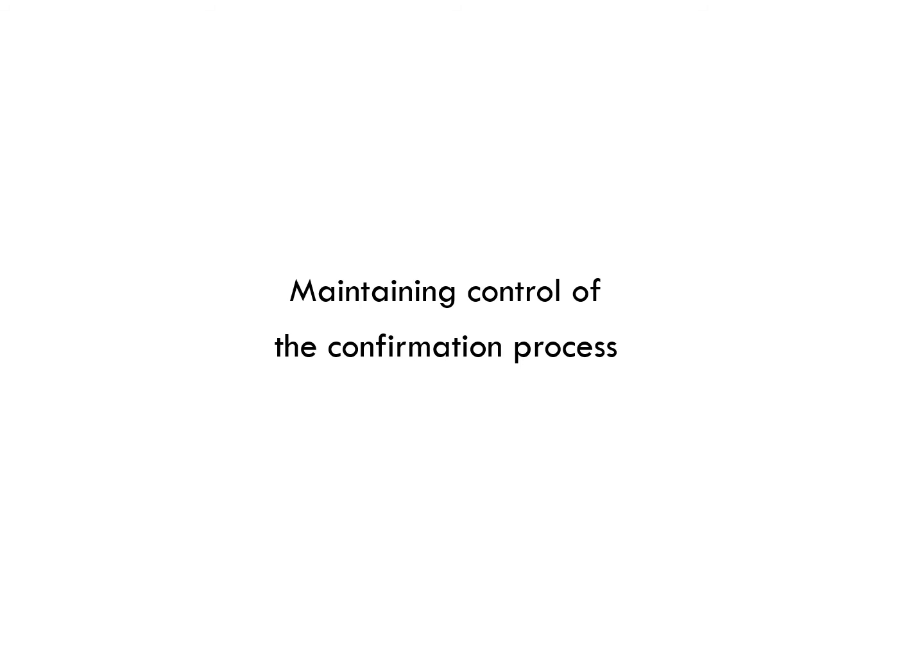By maintaining control of the confirmation process, we have to be involved. Think about what goes on here. If we're auditing Hillsburg Hardware's accounts receivable, they have to provide us a list of all their customers, how much each customer owes them, and the address of their customers.